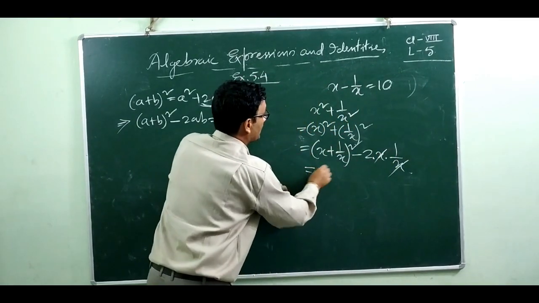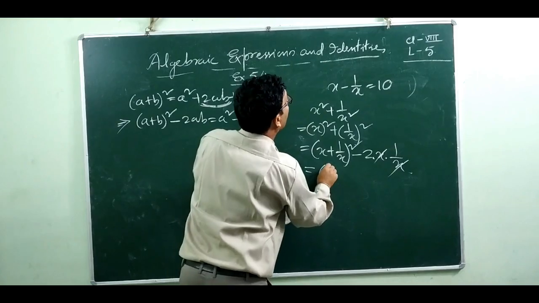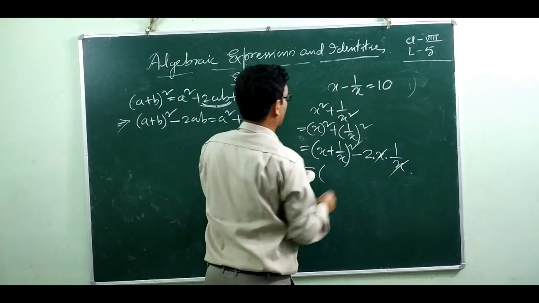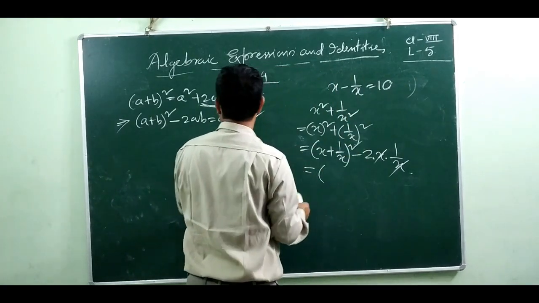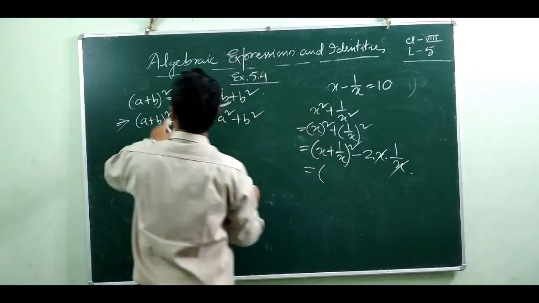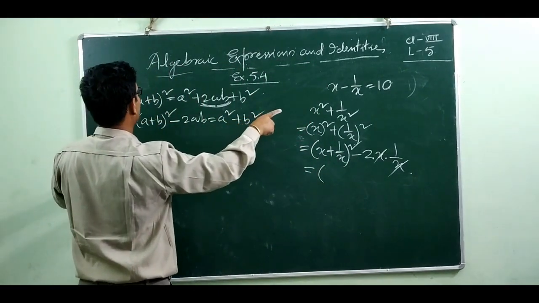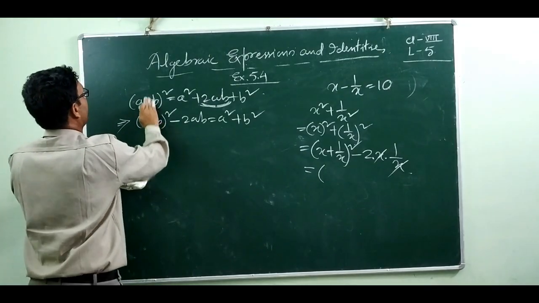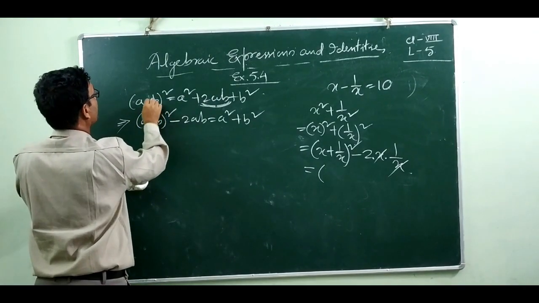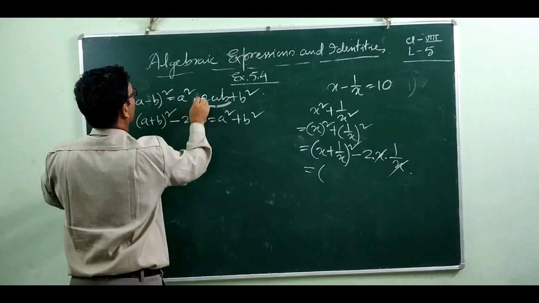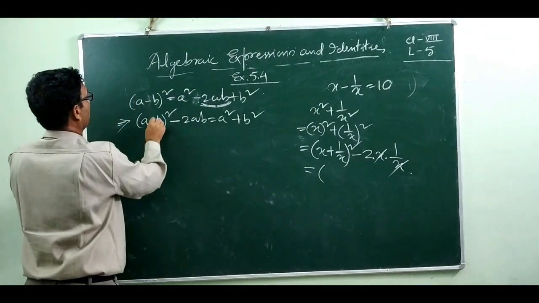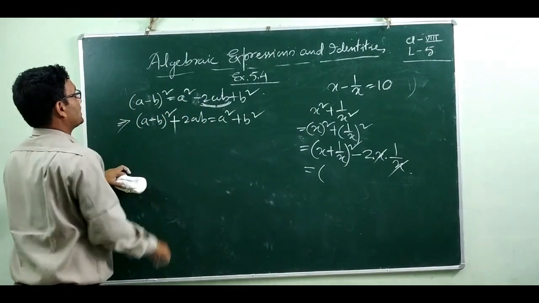Now this value is what? 10. Here minus is given. Since minus value is given, we will use identity 2, not identity 1. That means minus, then minus will become plus.